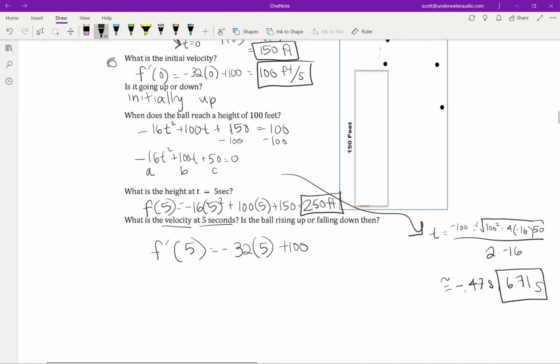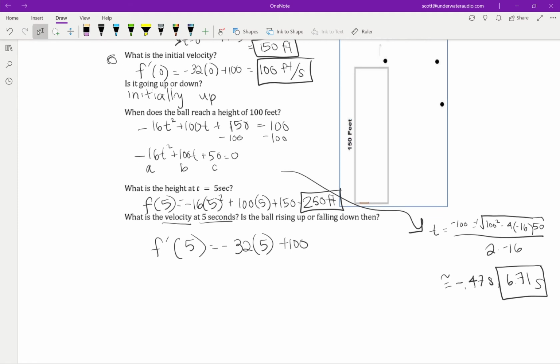Yeah, negative 32t plus 100. So calculating that, that's minus 60 feet a second. Is the ball rising up or falling down then? So the negative tells me it's falling down.